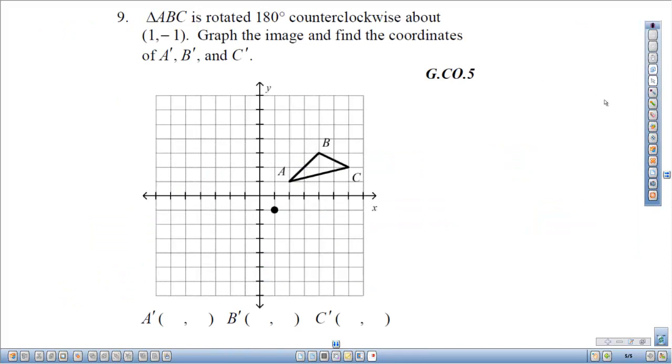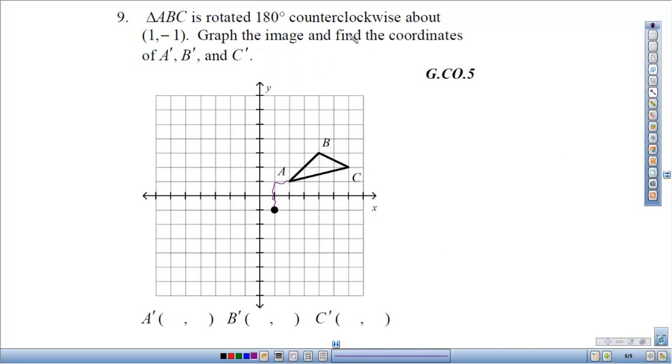All right, number 9. We have a triangle, and we're going to rotate it 180 degrees counterclockwise around the point 1, -1. And they even did us a little favor and plotted that point. So we need to graph the image and then find the coordinates of all the image points. So here's what I'm going to do. They've already plotted this, so I'm going to connect A with an L-shaped figure.